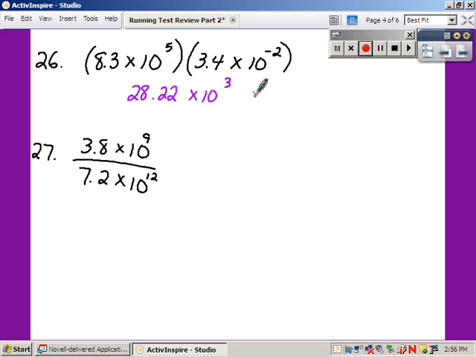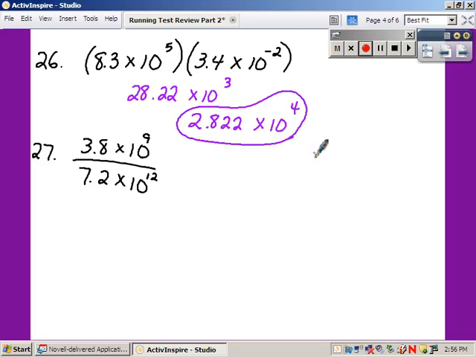The thing is the 28.22 needs to be written in scientific notation completely, which means that it has to be between 1 and 10. So I'm going to move this decimal place to the left 1 spot, which is now 2.822. It'll be times 10. When you move to the left, you add to the exponent, times 10 to the 4th.